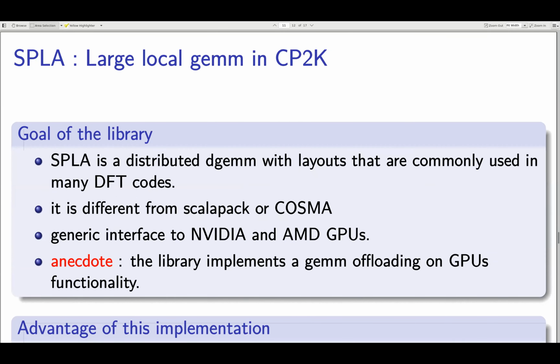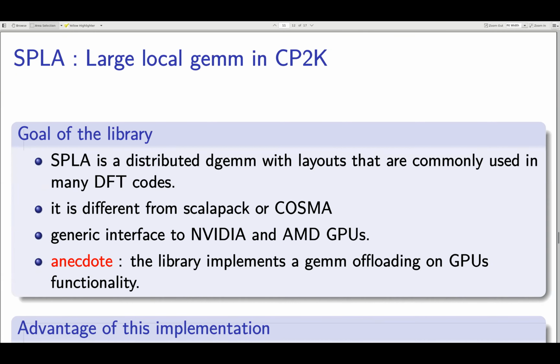SPLA was initially developed for another purpose, which is doing distributed matrix multiplication with layers that are more specific to DFT codes. And it is different from ScaLAPACK or COSMA in that regard.